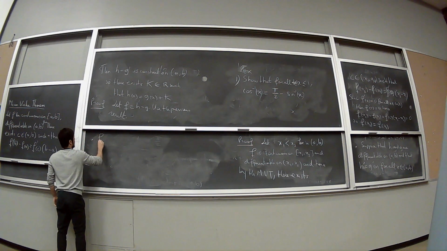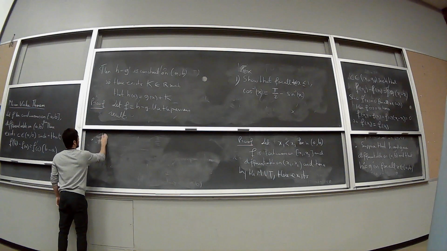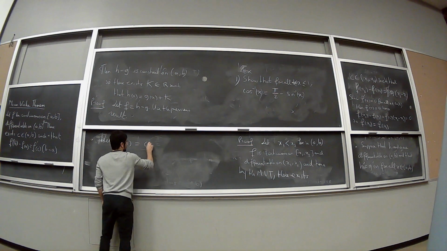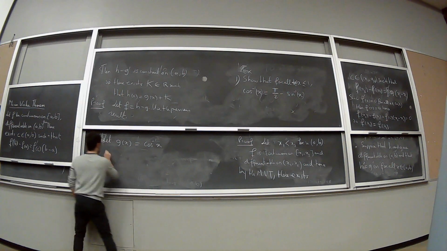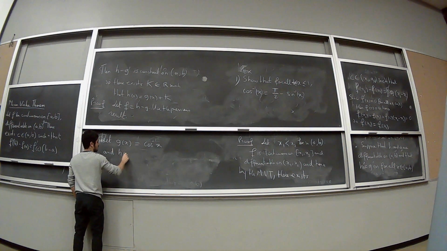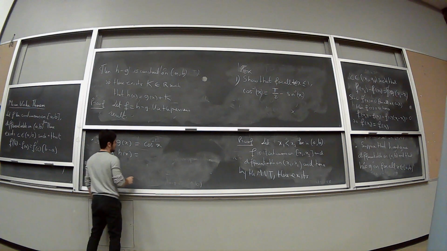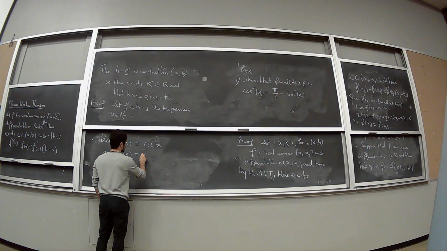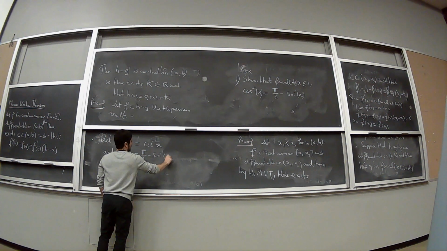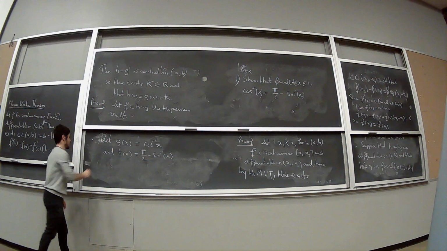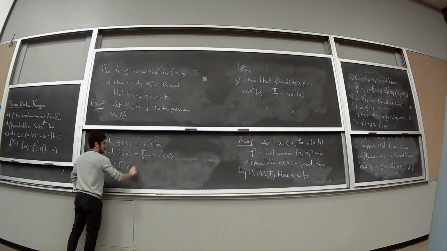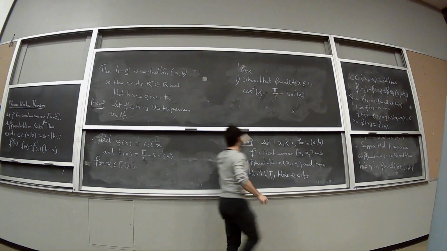So let g of x be equal to cos inverse of x and h of x be equal to pi over 2 minus sine inverse of x, for x of course in (-1, 1).